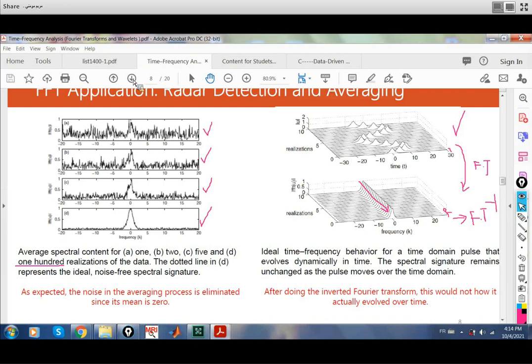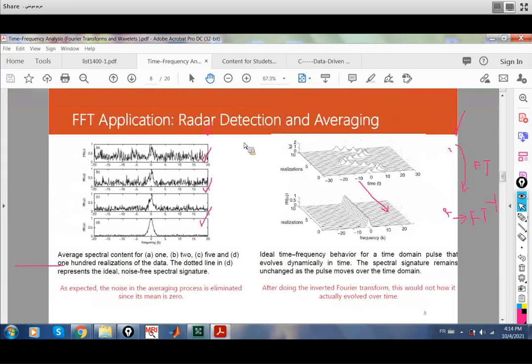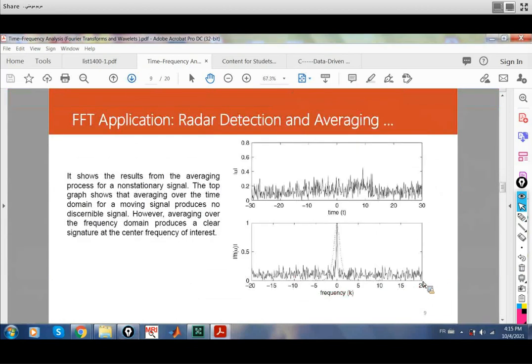Okay, and this is another application of fast Fourier transform. The above figure shows the average in the time domain, and the lower one is the average of signals in a Fourier domain.